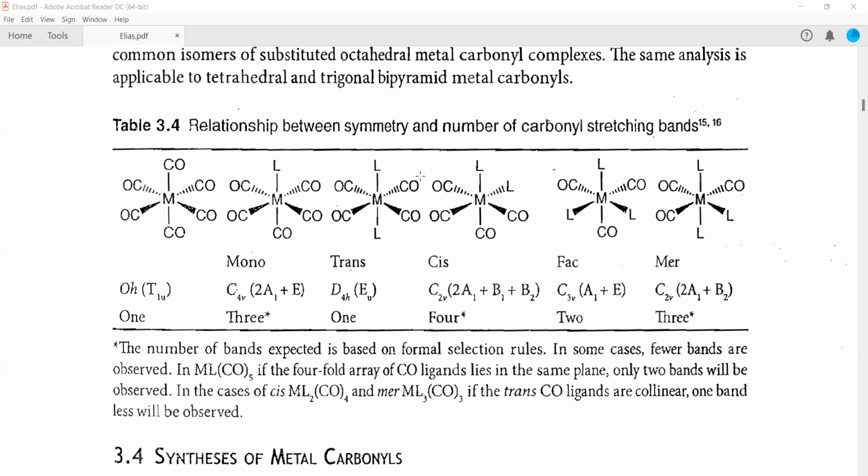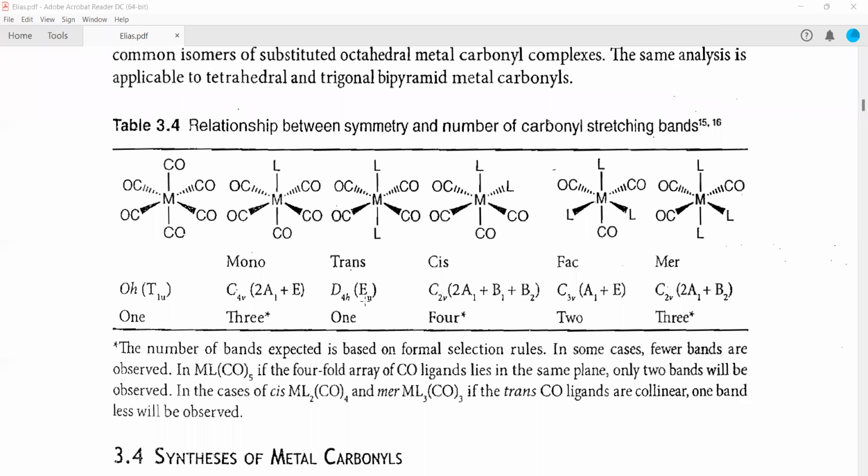For example, if you have 4 carbonyls in cis geometry, which symmetry is it? It is C2v, right? What is the axis over here?